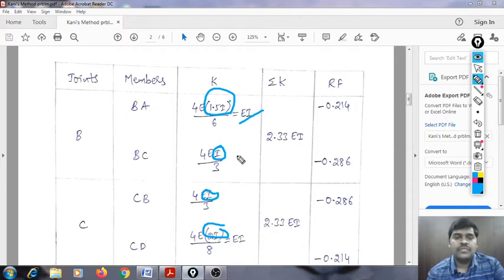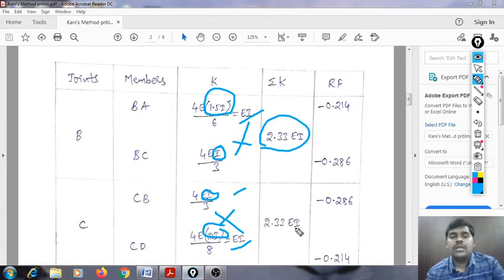This is 4EI by 3, this is also 4EI by 3, and this is EI. The summation K is EI plus 4EI by 3. If we add these two, we get 2.33 EI. In the same manner, this is also EI and this is 4EI by 2. If we add these two, we get 2.33 EI.